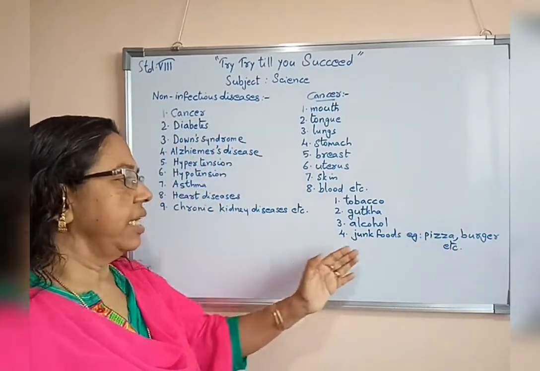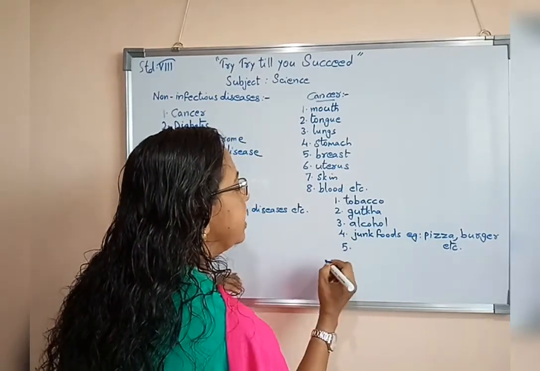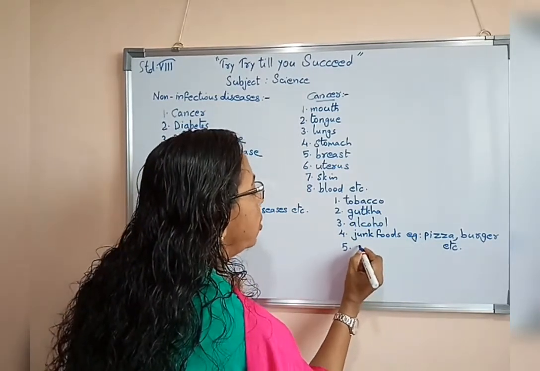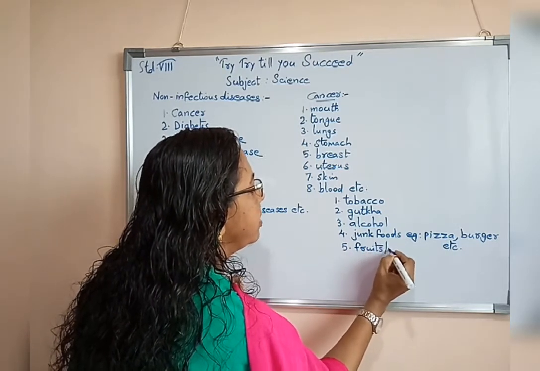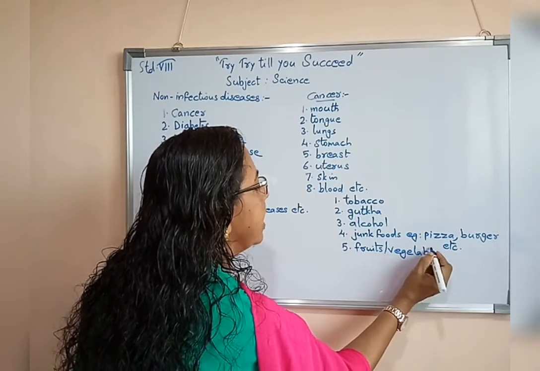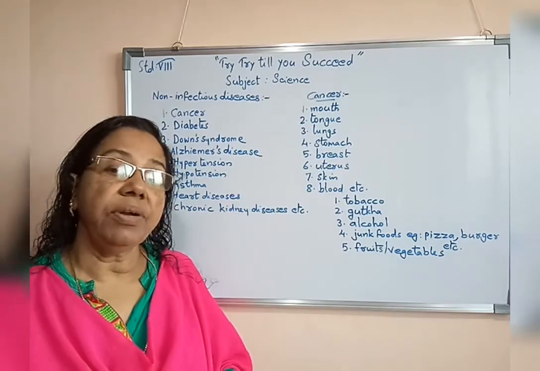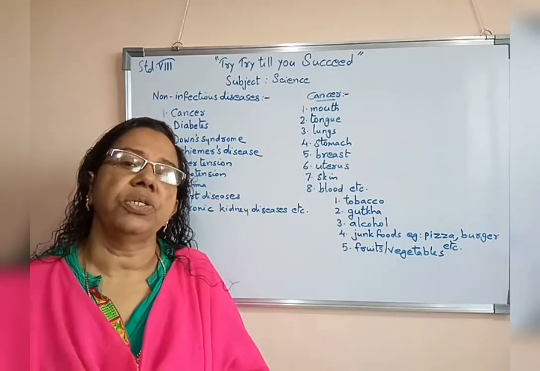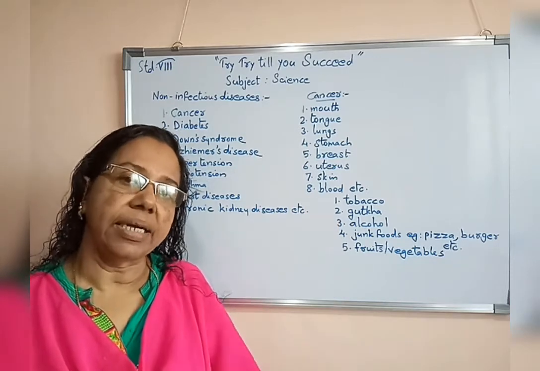If we take such types of food items, and if we are not taking enough quantities of fruits as well as vegetables, we will get cancer. Even heredity may cause cancer. What is heredity?